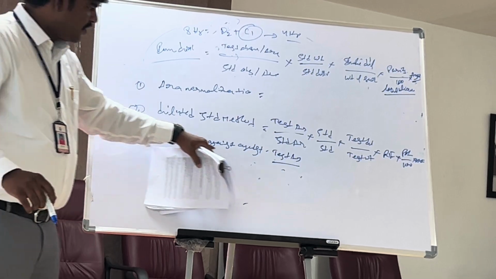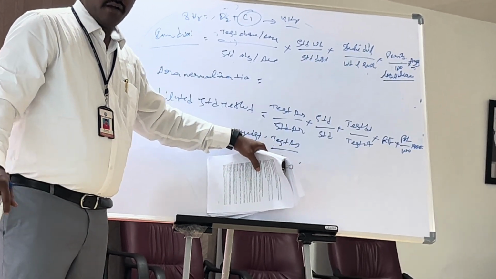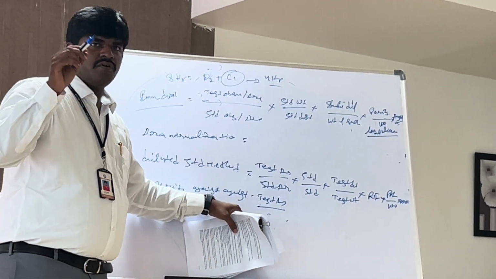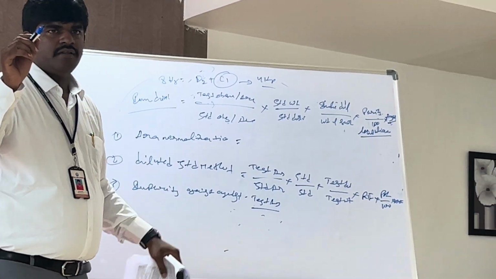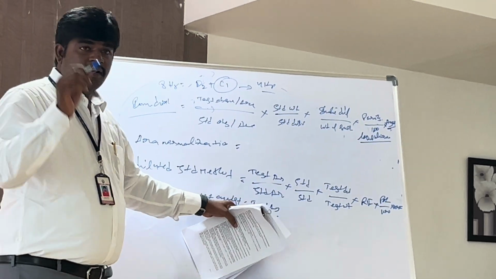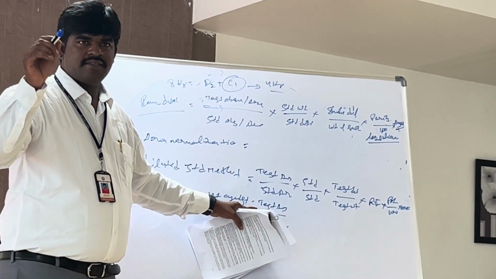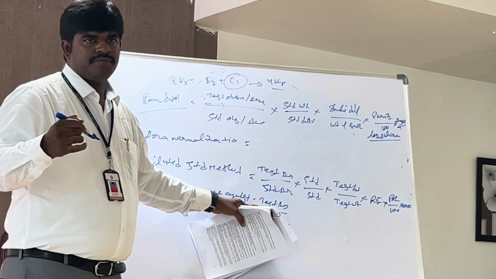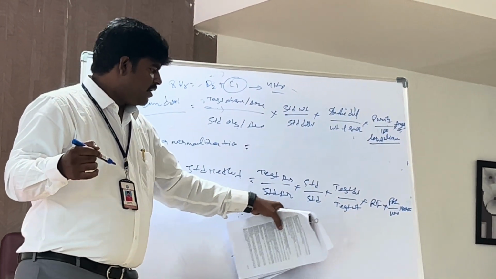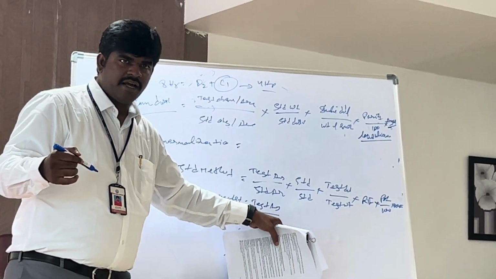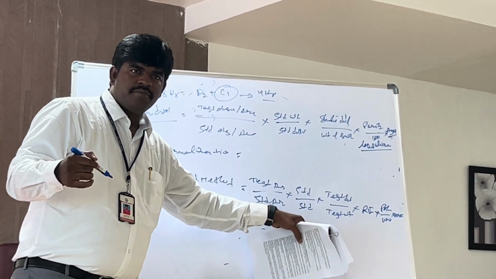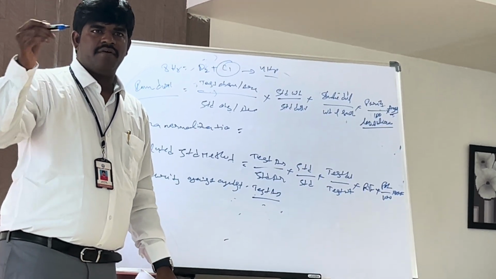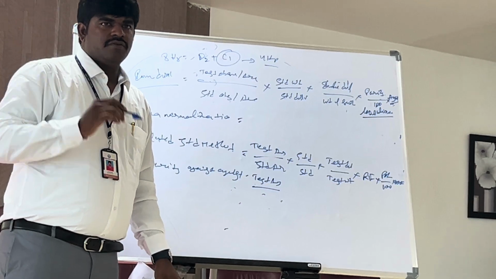Then in the case of impurity against impurity, for example, if you are assessing related compound A in the heterostatic, whatever the related compound area you get in the test sample is divided by the average area of related compound A only. You have to enter divided by impurity A weight divided by dilution, sample dilution divided by sample weight into impurity potency divided by 100 into average weight or whatever.